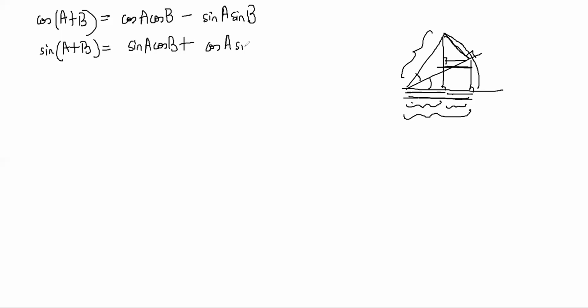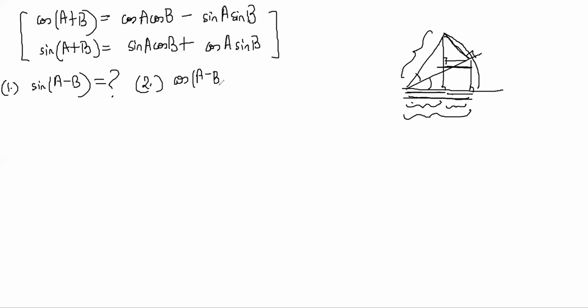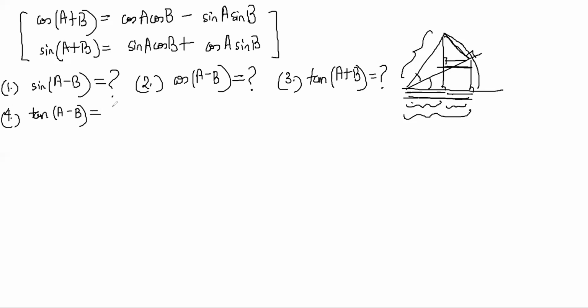Now, what I want you guys to do is to use these two results to prove the following formulas. One is sin A minus B. Find out sin A minus B. Second is find out cos A minus B. Third is what is tan of A plus B. Fourth is what is tan of A minus B. Fifth is sine of 2A, cos of 2A.